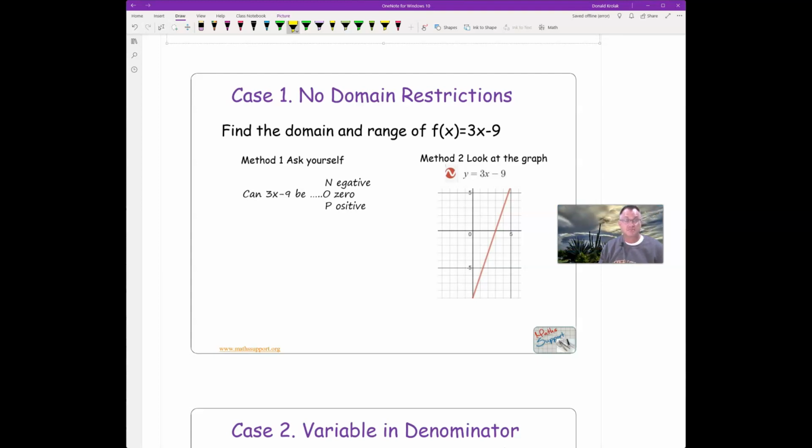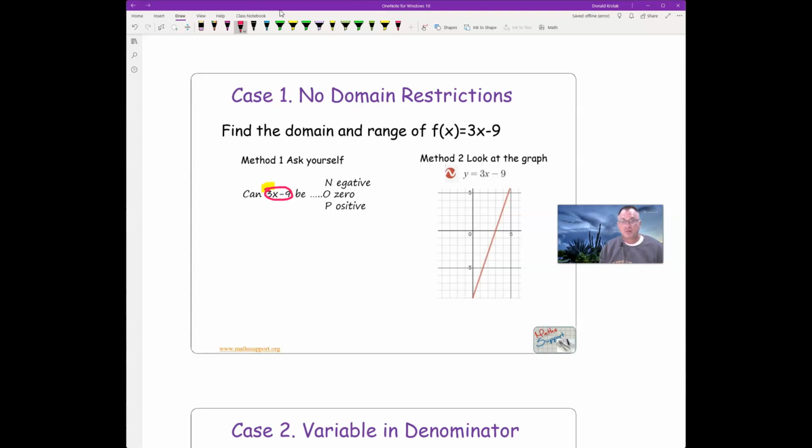Now, the way that we go through it, if you don't see that right away, is we use this little method called NOP, N-O-P. N stands for negative, O stands for zero, and P stands for positive. All this means is, can the result, after you plug a value in, be negative?